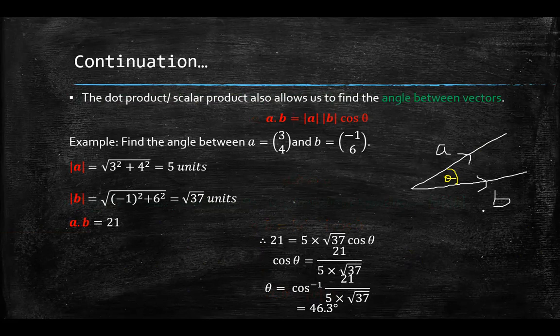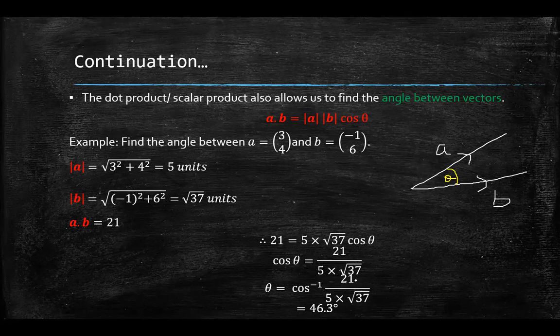No, this angle is in degrees. All right, so shift cos, open bracket 5. No, not 5. It's 21 divided by 5 times root 37. So the first number you put there should be 21. Oh, 21, then yeah.